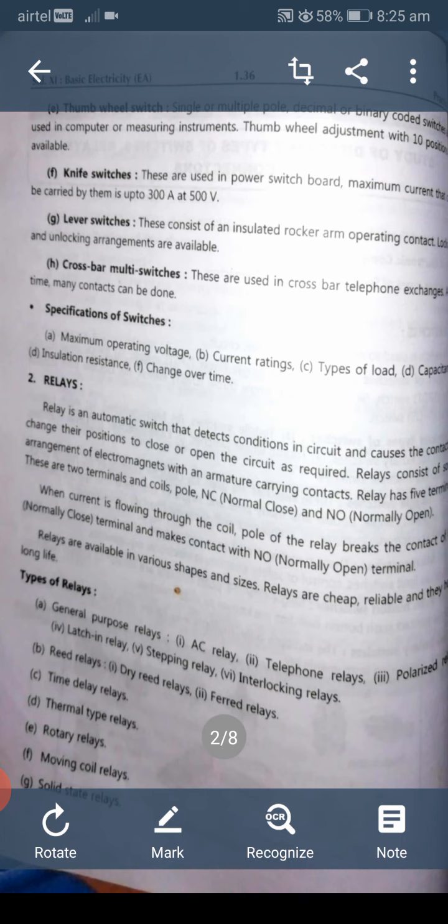Types of relays: general purpose relays, AC relay, telephone relays, polarized relay, latching relay, stepping relay, interlocking relay, reed relay, dry reed relay, Farad relay, time delay relay, thermal type relay, rotary relay, moving coil relay, solid state relays.